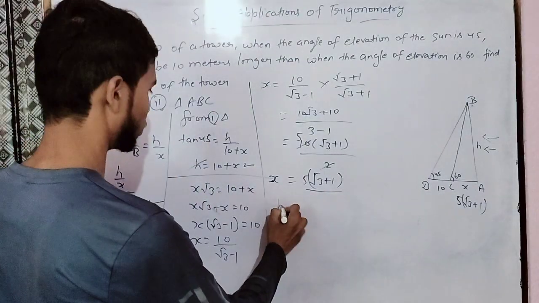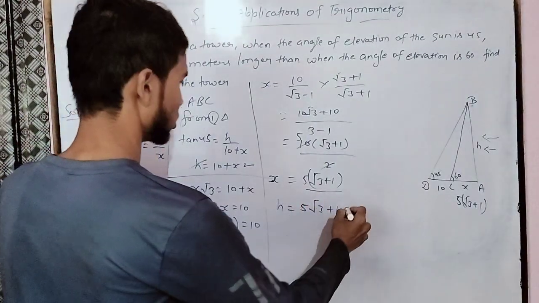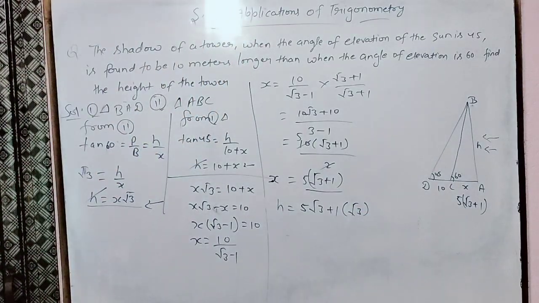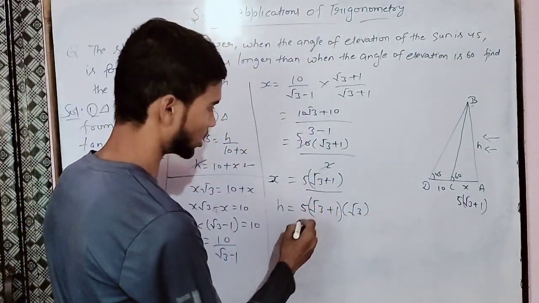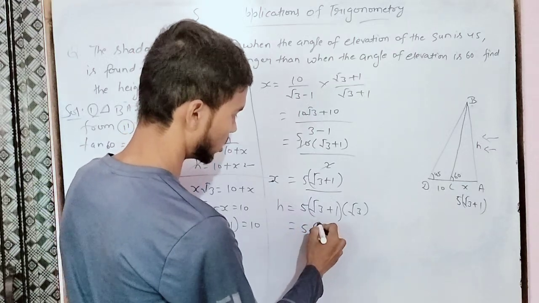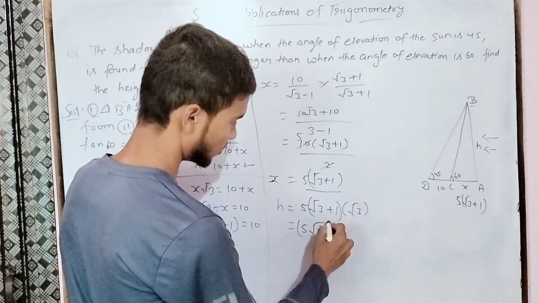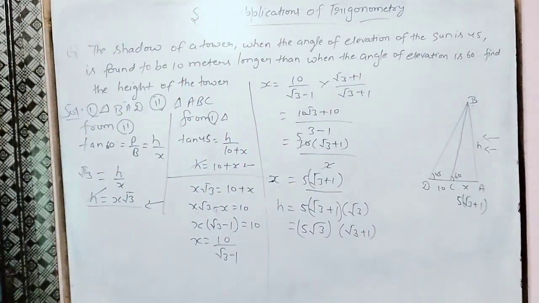Here is H, 5 into root 3 plus 1 into root 3. We will multiply this with this.